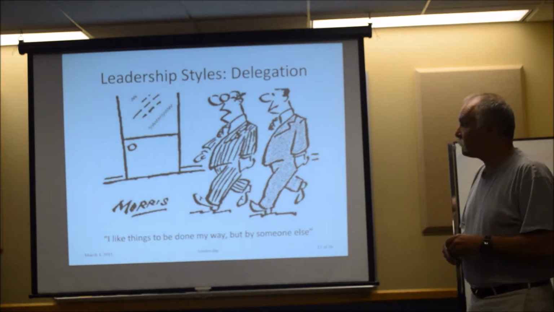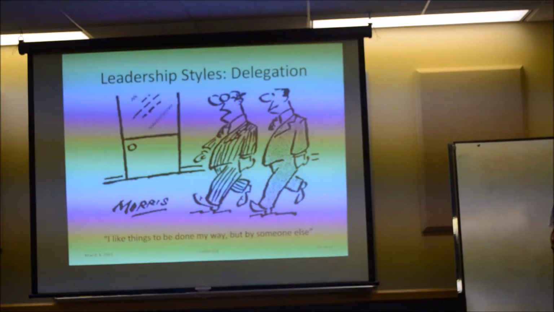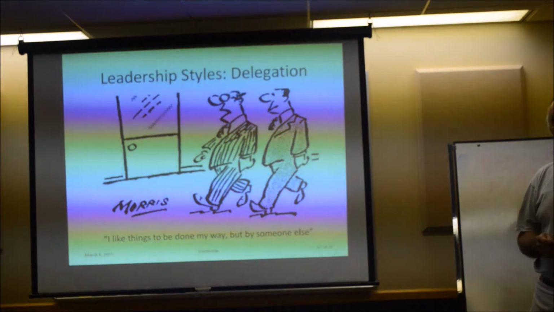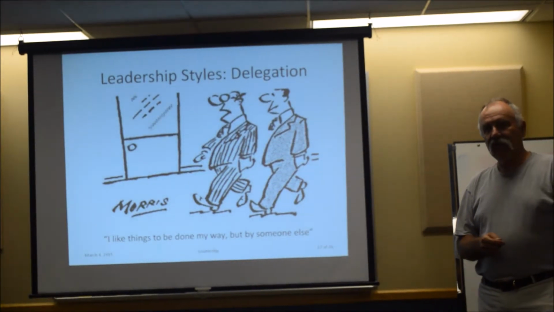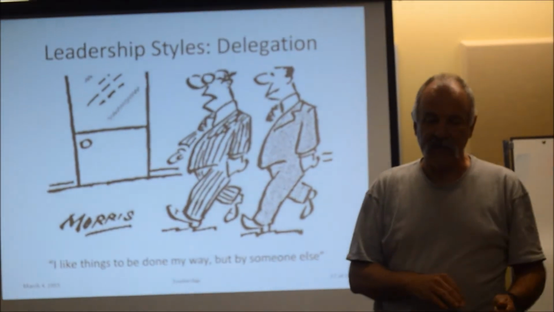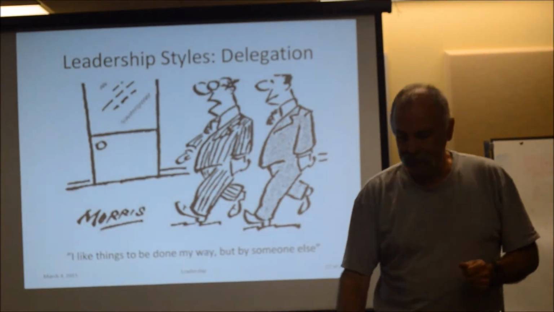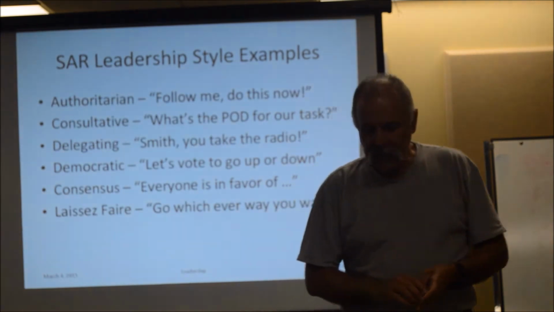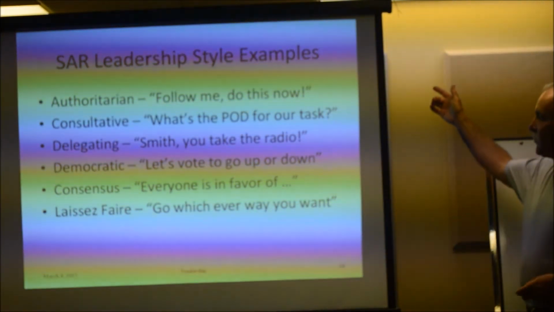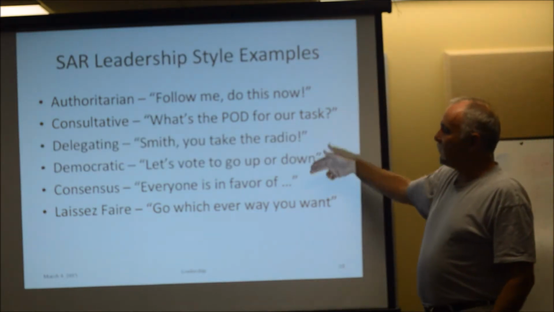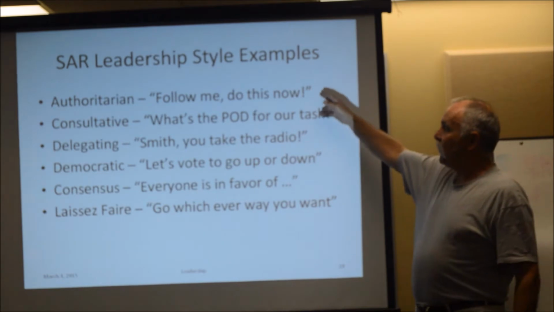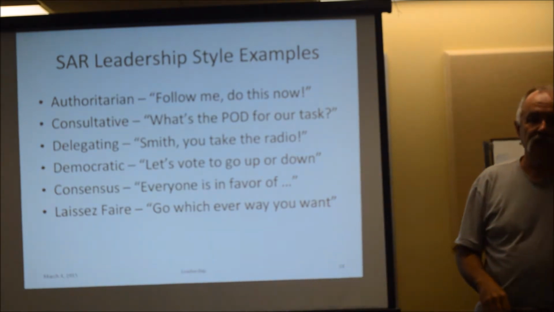Delegation. Certainly that's something we do in search and rescue, and as a team leader you'll delegate certain functions to other members of your team depending on their capabilities and willingness to take those on. So these ones here, and I've kind of gone through this already, are examples of each of those styles. Authoritarian, follow me, do this now.